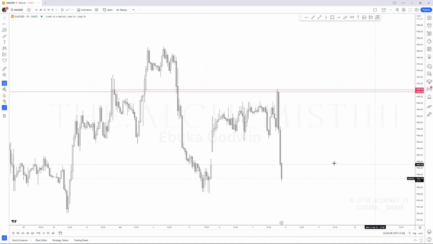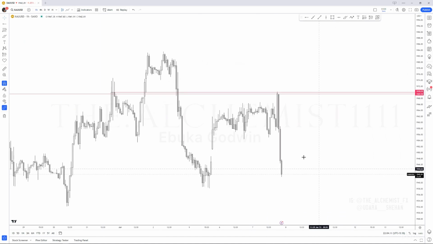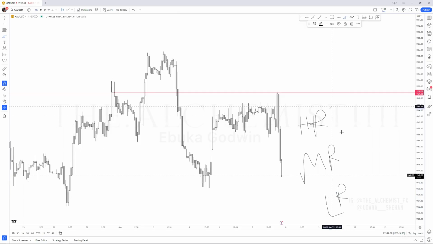Now what I do is these types of entries. I do not know how much my drawdown is going to be, right? Because it could move here, it could even move here. So these trades will be placed on my personal account. There are three types of setups: high risk, medium risk, and low risk. High risk and medium risk will be placed on my personal account.